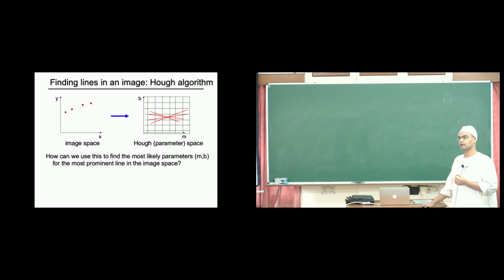Otherwise, how will you do it? Why can you not? The m is the slope, m can go from 0 to 1, and on the other side the slope can also be negative.